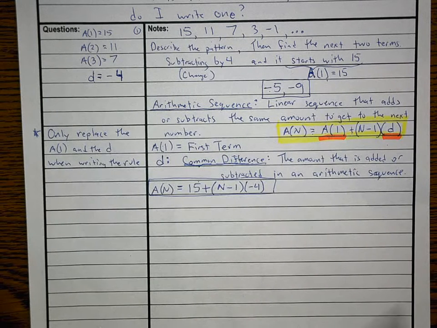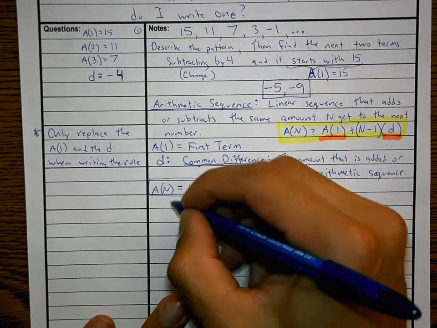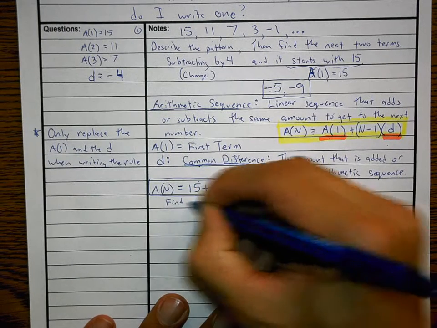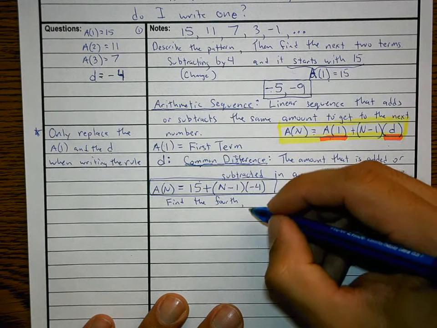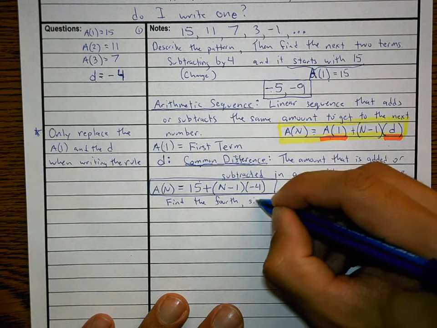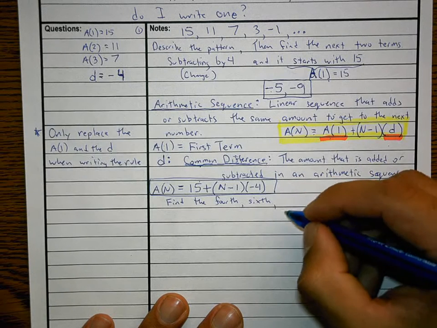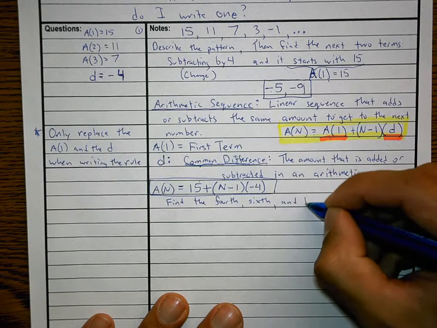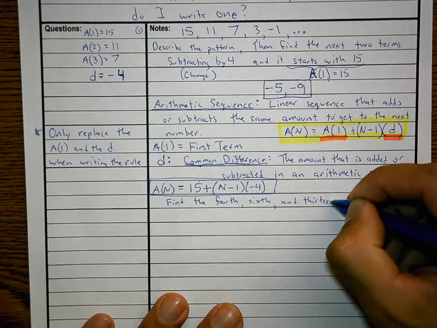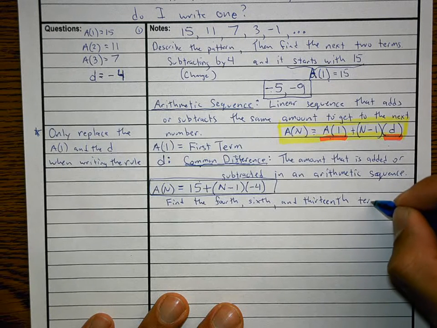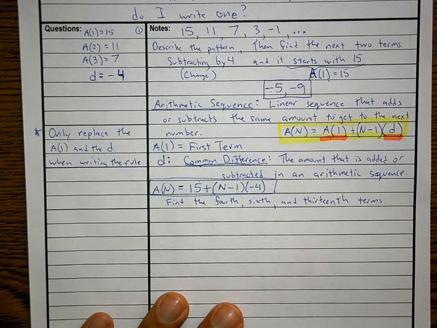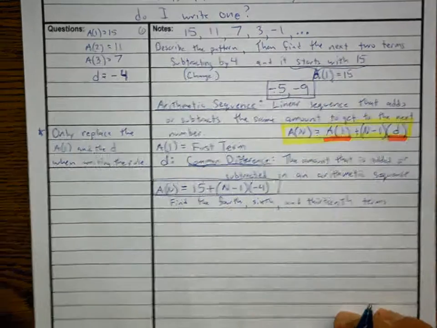An example of what you are going to have to do is something like this. Find the 4th, 6th, and 13th terms. Let me move that up because that's a little low on the board.